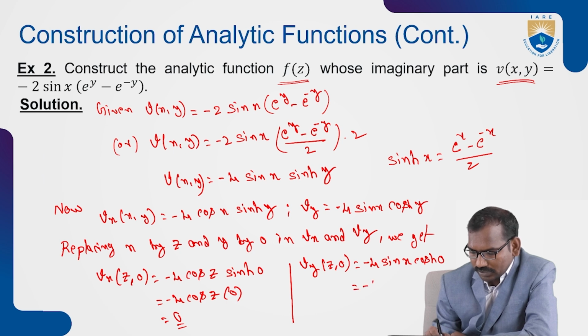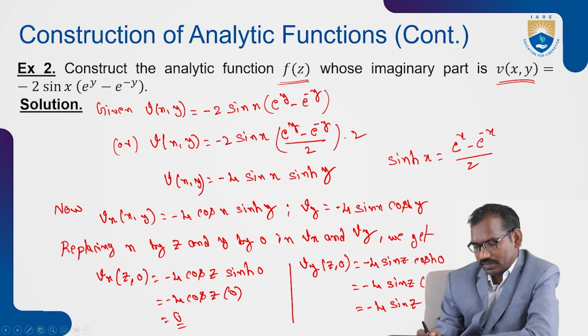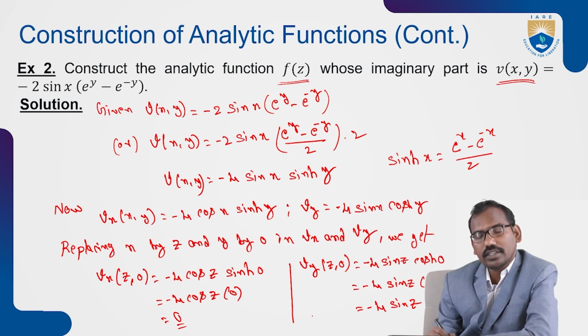So you will have minus 4, and instead of x we have to write z. And cosine hyperbolic 0 is 1. So you will have minus 4 sin z. These two values we have to keep in our mind. We are going to use these two values.